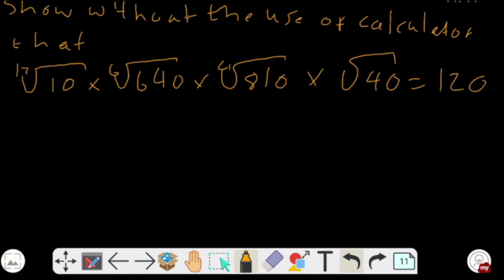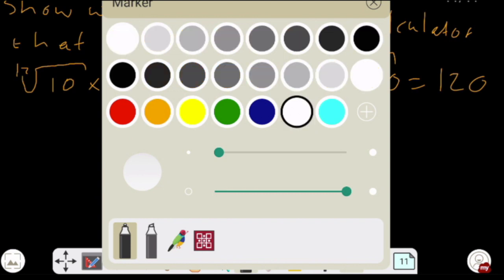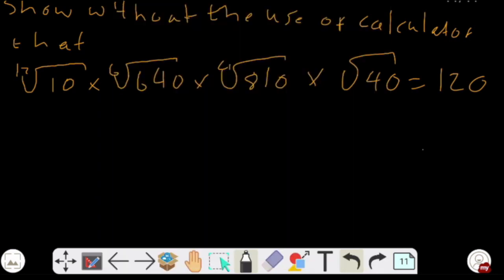Meaning from this we are only going to deal with this part of our expression, right? We are only going to deal with that part of our expression because we need to prove it to be equal to 120, right? Let's move on.